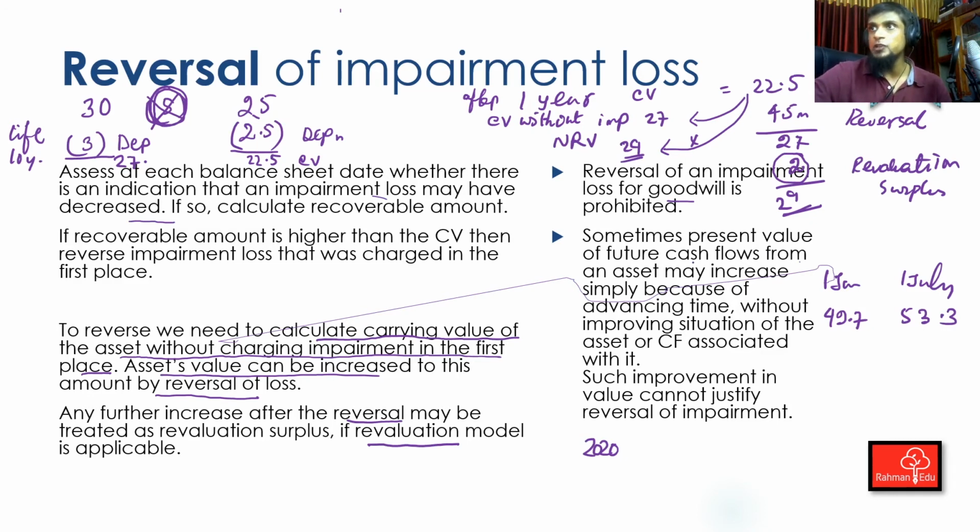Sometimes present value of future cash flows from an asset may increase simply because of advancing time, only because of passing 6 months, without improving the environmental situation of the asset or cash flow associated with it, or the discount rate associated with it. So such improvement in value cannot justify a reversal of impairment. You can't reverse impairment in this case. Hopefully you got that from the illustration.